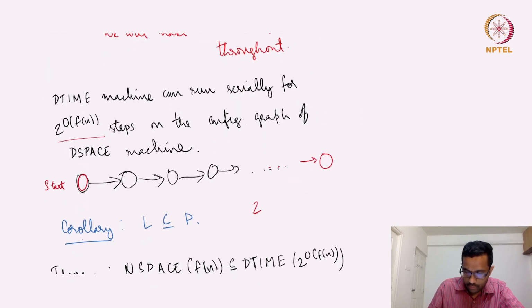Because 2 power some constant times log n is nothing but n power some constant. So DTIME 2 power constant log n is simply DTIME n power constant, which is the class P.